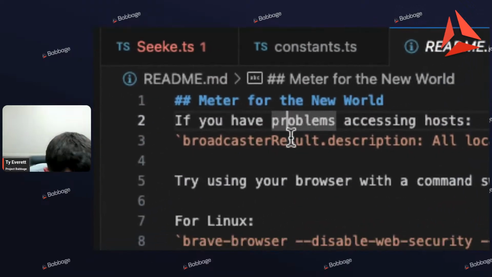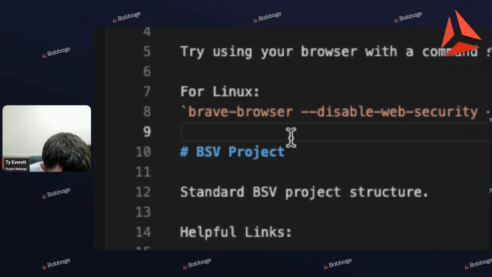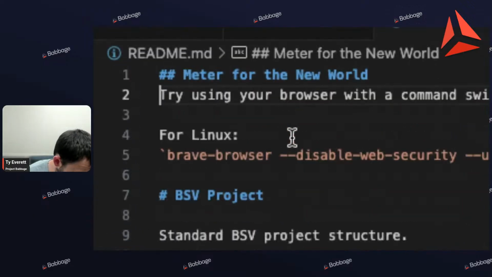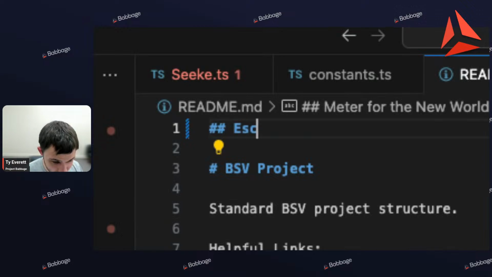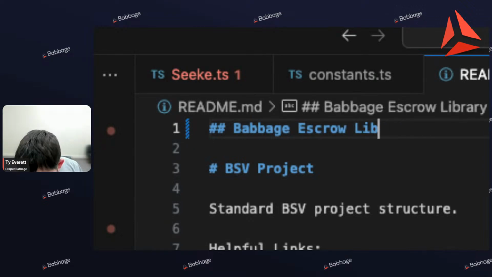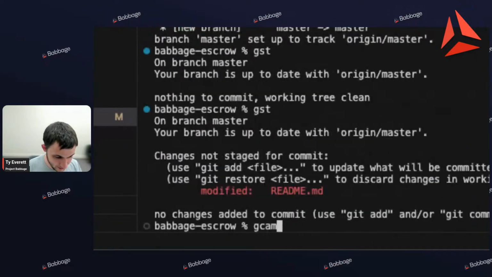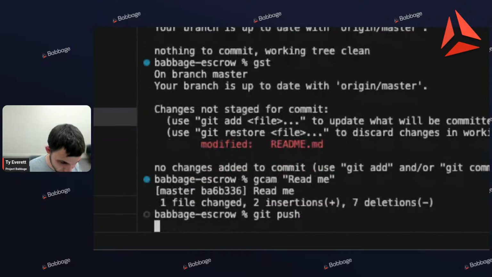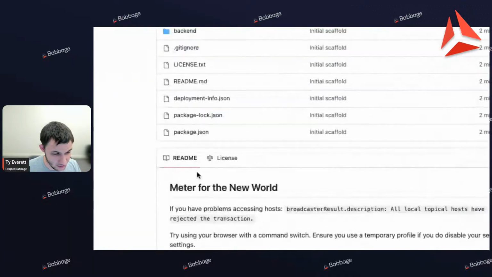Oh, goodness gracious. At least we'll have the README correct. And boom.